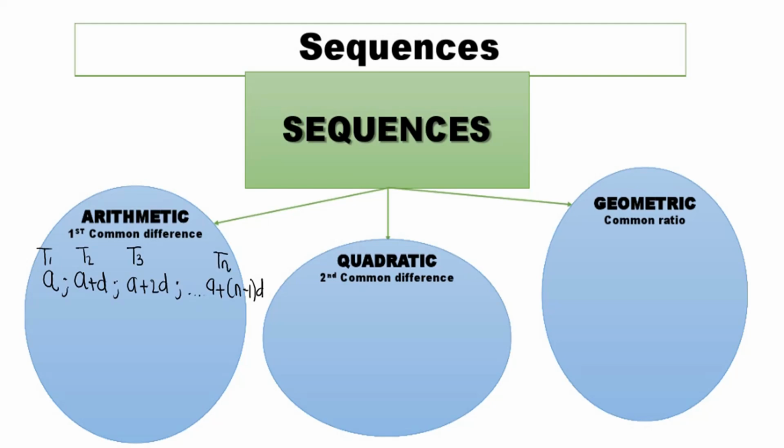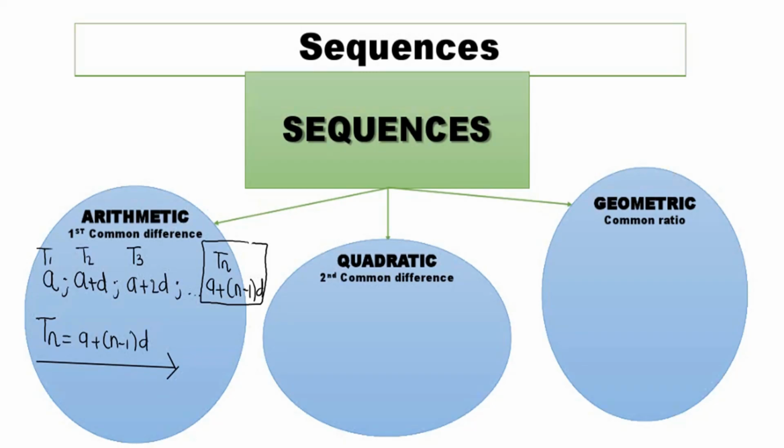So that is another way that an arithmetic sequence can be defined, making the equation that you use to get the general formula for the nth term Tn equal to A plus (n minus 1) times D. This is the formula that you use when you are required to get the general formula for the nth term of an arithmetic sequence.